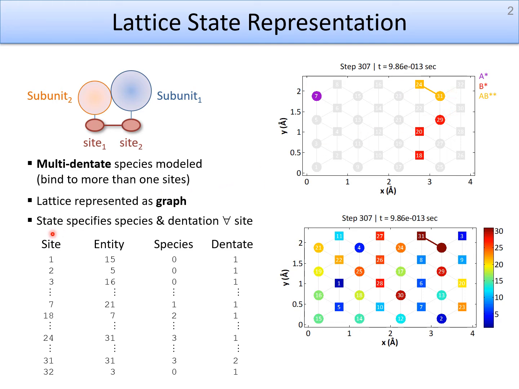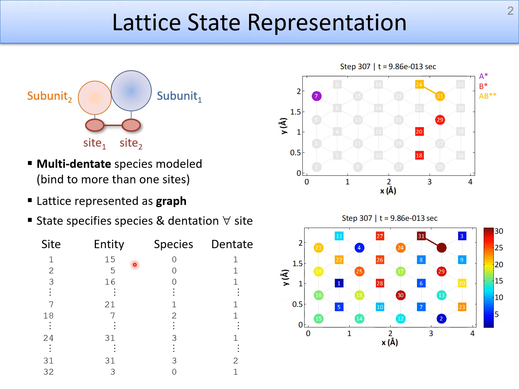So here is how we do this. We introduce an array which has 3 columns. The first column is just a number, the entity number. It's basically just an integer that labels the adsorbates on the surface. So, for example, site 1, which is this site here, is covered by entity 15. Site 2, which is this site here, is covered by entity 5, etc.